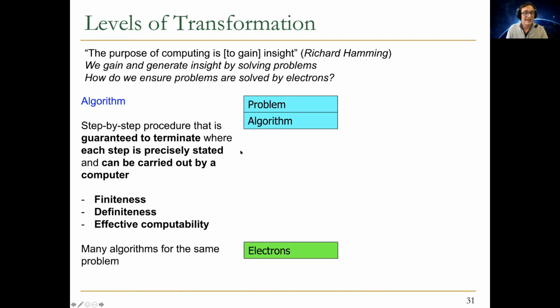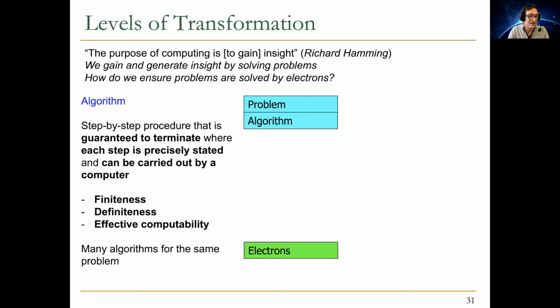Again, there could be many algorithms that have these characteristics to solve the same problem. For example, if I, as a human, am a computer, let's say, and I want to go from here to Stadelhofen station, to be able to do that, I have an algorithm, right? The algorithm can try to minimize the distance from here to there. It can minimize the time from here to there.